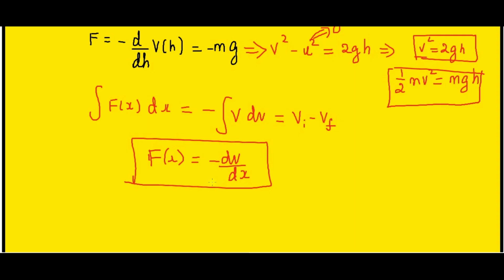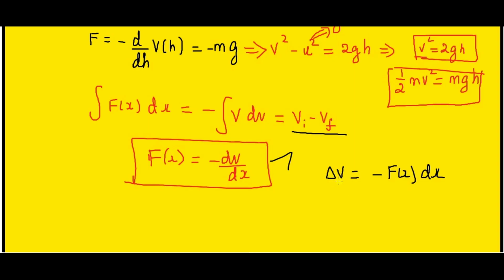The distance between the 2 points is irrelevant here, as gravity depends only on the initial and the final positions. So here, what is this vi minus vf we have? That can be written as delta v. That is going to be equal to minus integral of f of x dx.